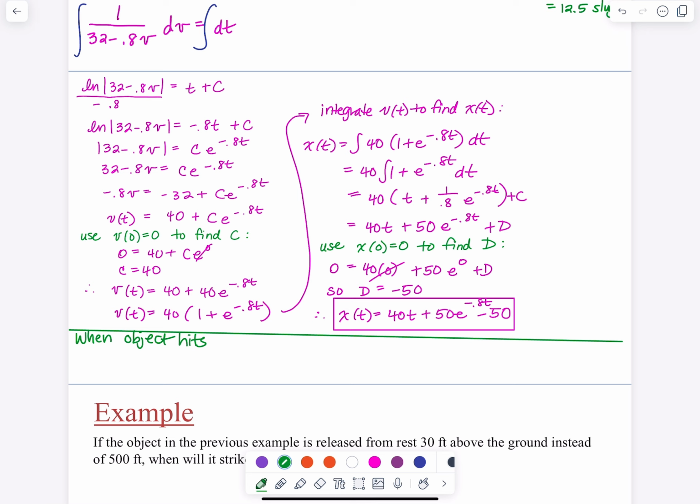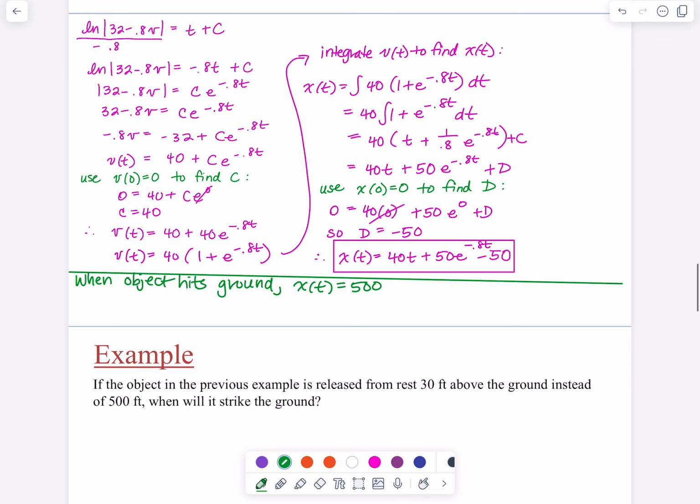So when the object hits the ground, we will have x of t equal to 500. So we can go ahead and set x of t equal to 500.